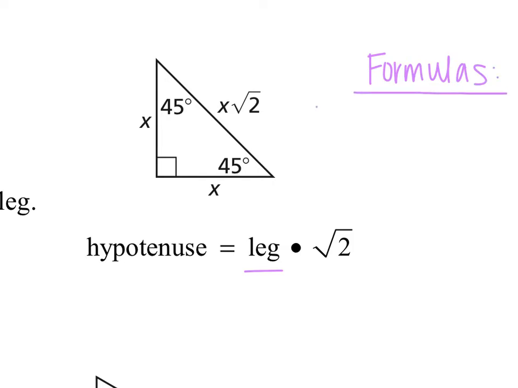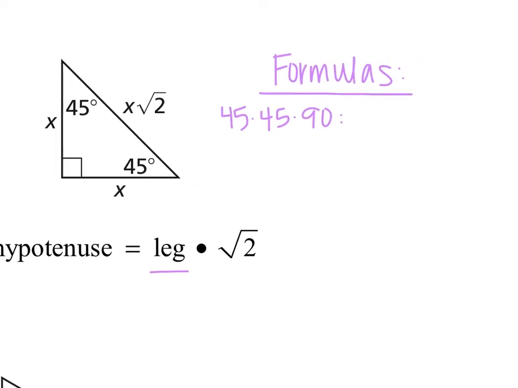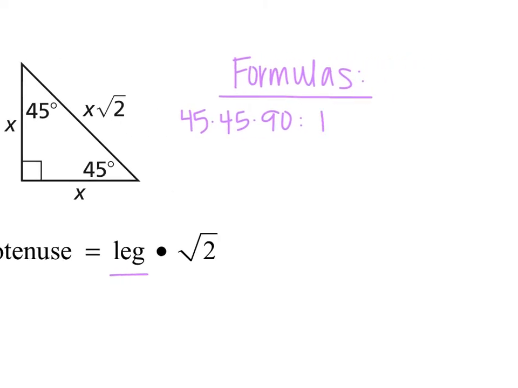So for a 45, 45, 90 triangle, the hypotenuse is equal to L, I'm going to write L for leg, times radical 2. Okay? So the hypotenuse is equal to the leg times radical 2.